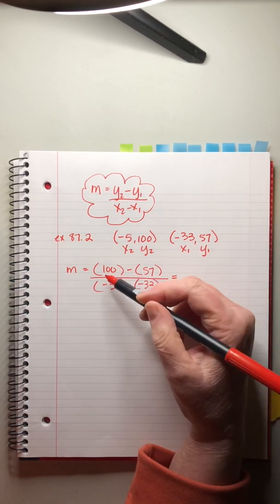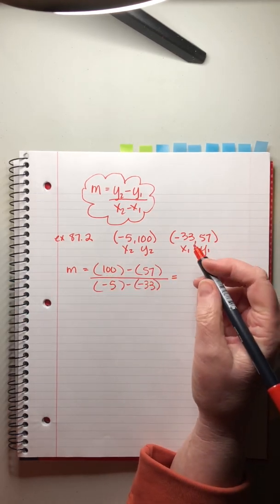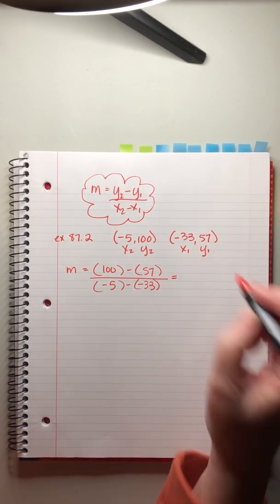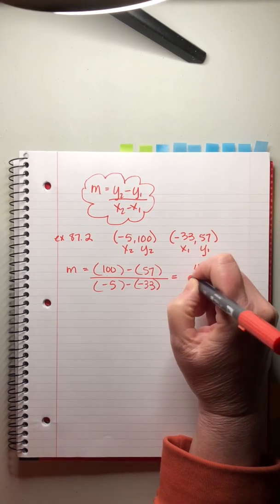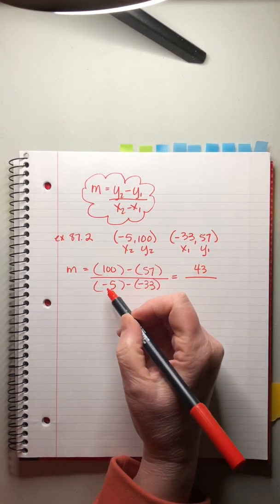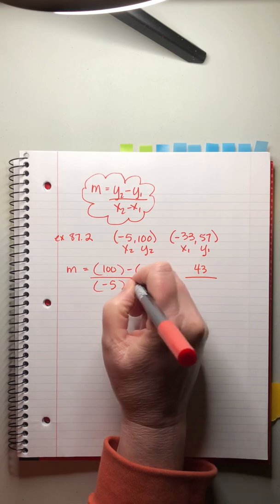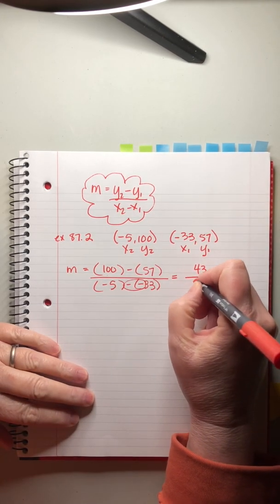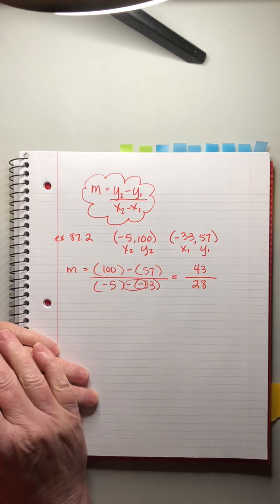Okay, now we simplify. 100 minus 57, pause, think of it yourselves. You're right, it's 43. I started to say it out loud. Minus 5 plus 33 is 28, am I right?